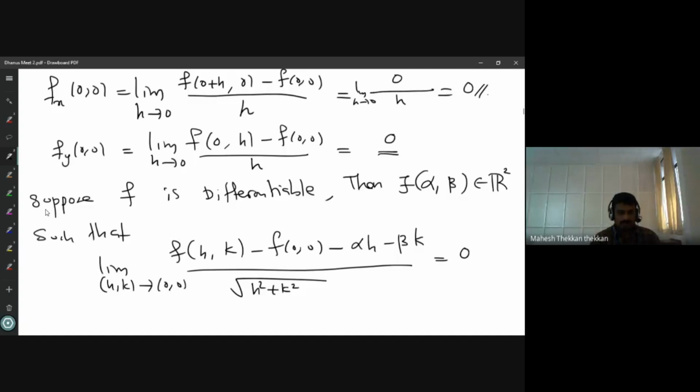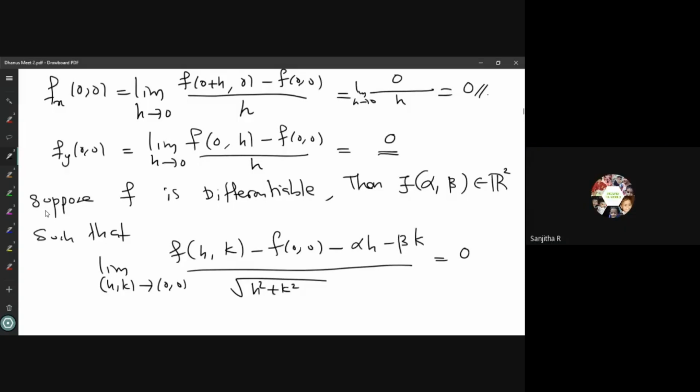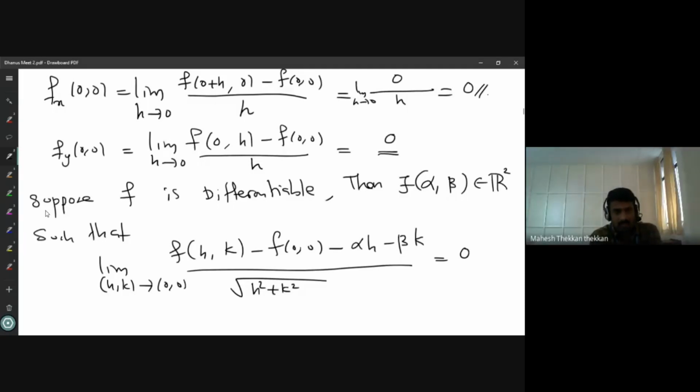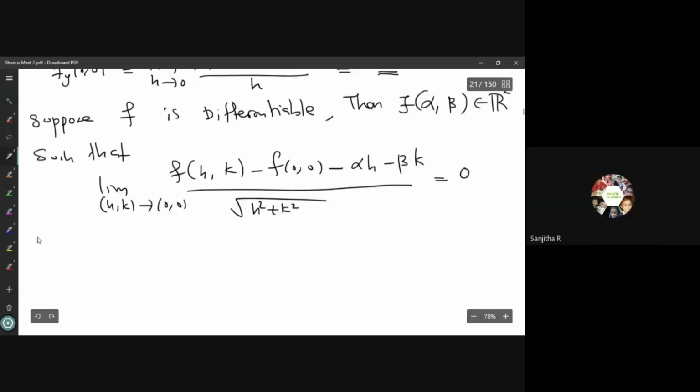Suppose f is differentiable, there exist some alpha and beta such that this has to be 0. Then what has to be that alpha and beta? If f is differentiable, alpha has to be fx at (0,0), and beta has to be fy at (0,0).